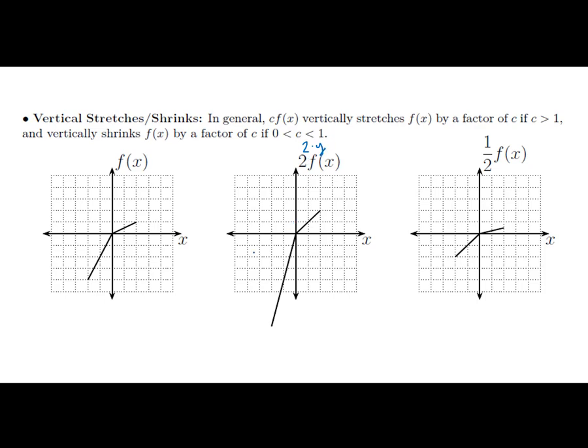So we're literally just going to double all the y values over here, and that's going to give us our new function. And similarly, when I put a 1/2 in front, that's just the same as saying 1/2 times y. So I'm going to cut all the y values in half. So all the y values that I saw in my original function are now half of what they were before.